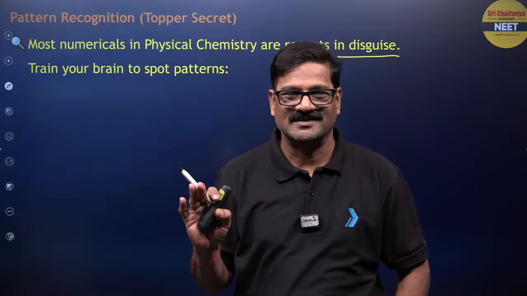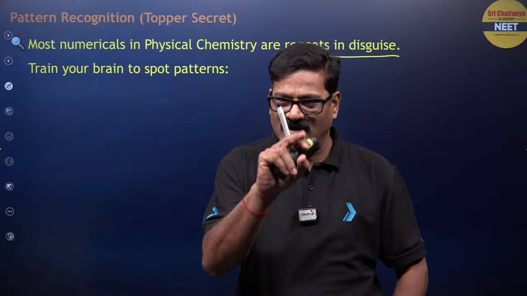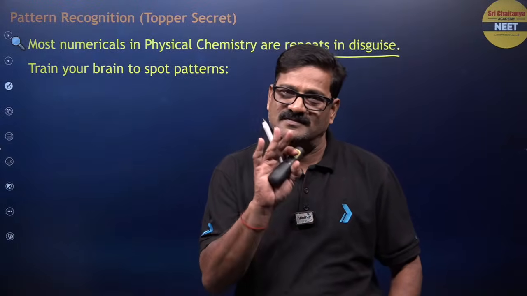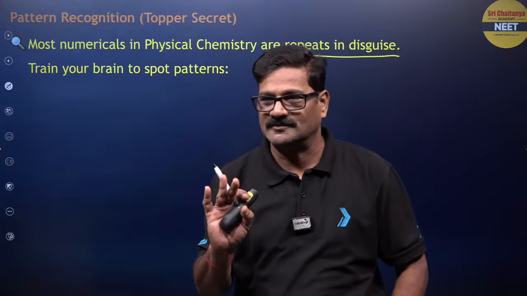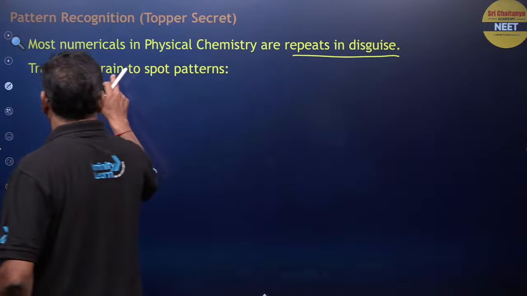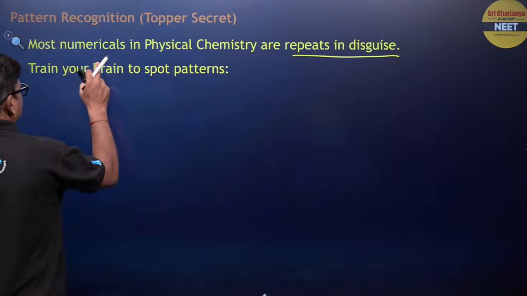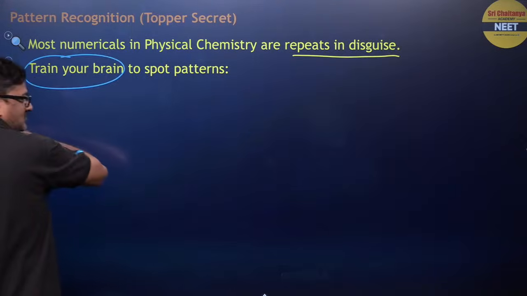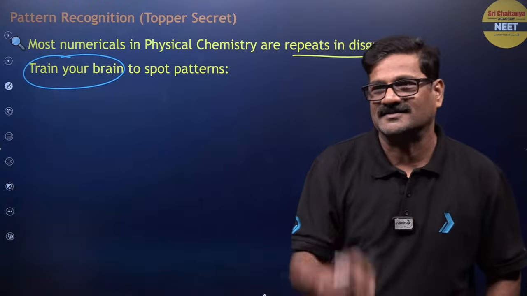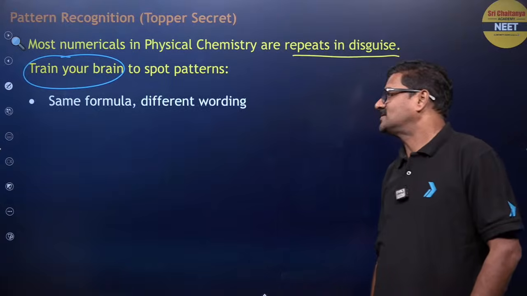If the first order graph is there, by looking at the graph pattern I can say whether it is first order, zero order, or second order. You have to train your brain. That's the game. For the last 1 month, train your brain to spot the patterns.